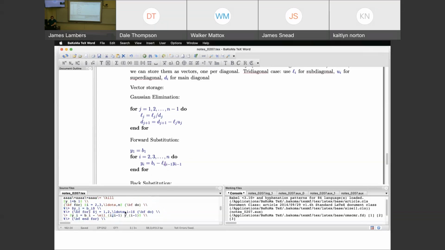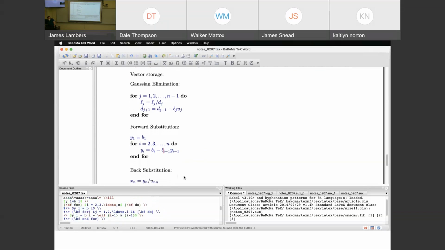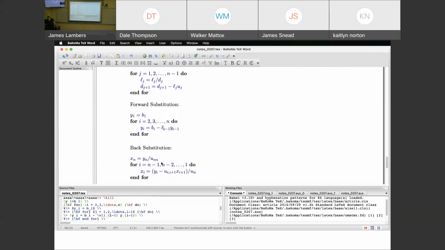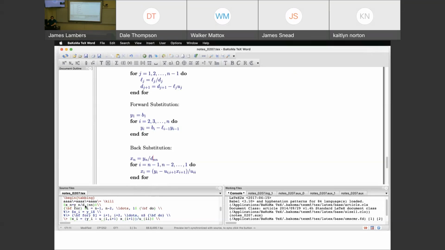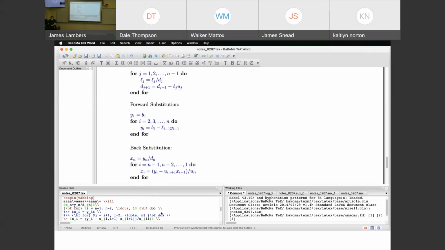Let's use L_{i-1}. And finally, back substitution. Here I have U_n, so that's d_n. Here I have d_i.